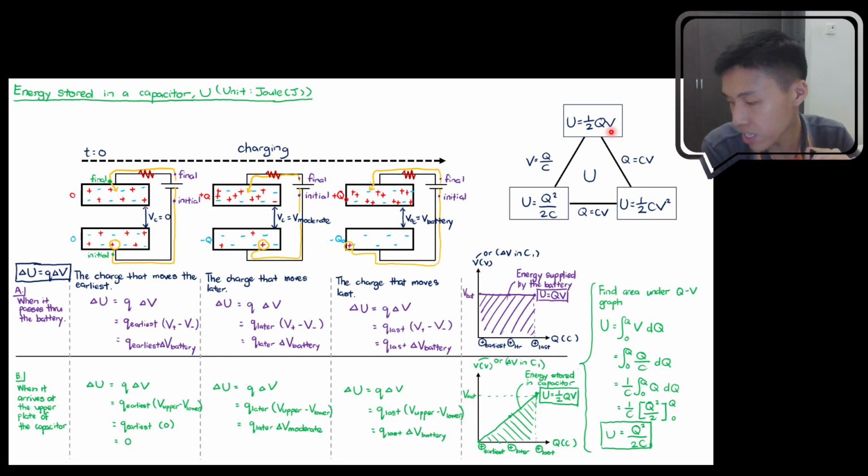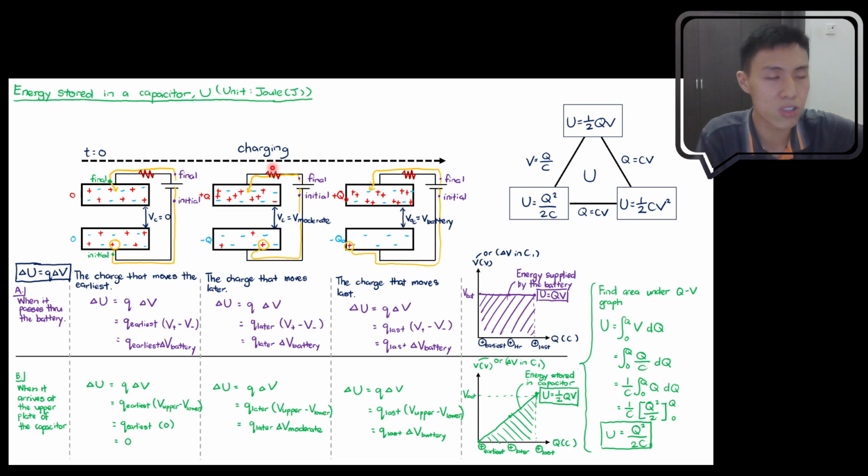I hope I managed to give you a little bit of picture why this equation comes into place. But the main idea is to know that initially, most of the energy is dissipated as heat through the resistor. None of the energy actually enters the capacitor initially. But as you continue to charge it, you have some potential difference across the capacitor already, right? So when you have some potential difference across the capacitor, more and more energy will be directed to the capacitor and less energy will be directed to the resistor.